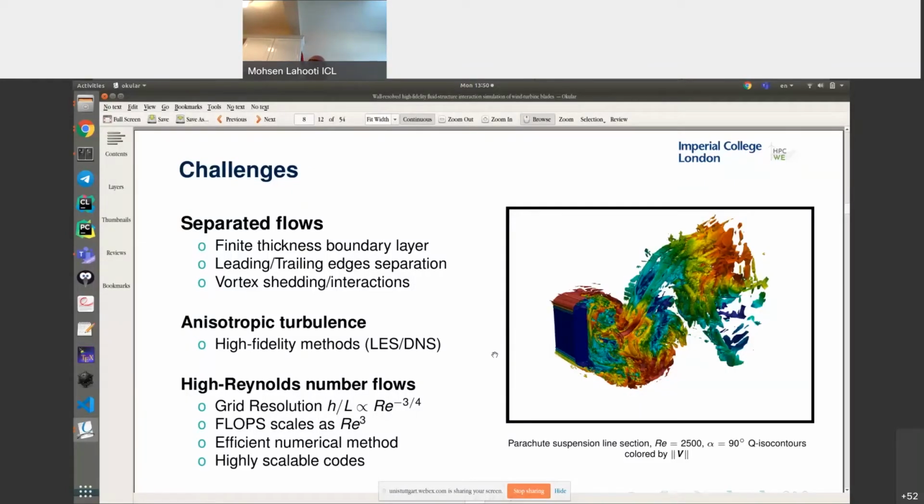In addition, the Reynolds number is very high, so we require a very fine grid, with the flops scaling as Reynolds to the power of 3, which dictates that we have an efficient numerical method and highly scalable code.